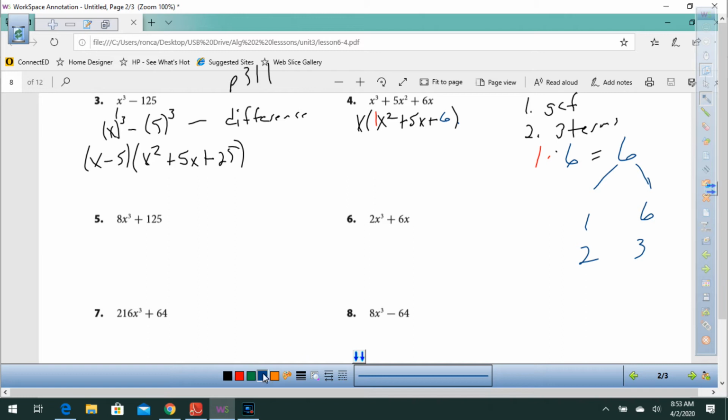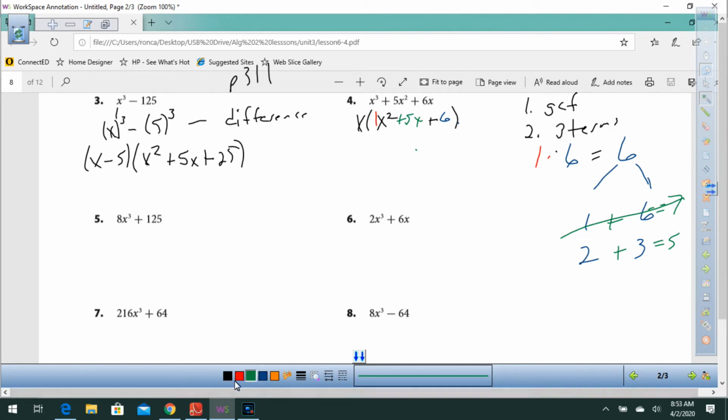Now, this b here in the middle, that 5: 1 plus 6 is 7, does not work. 2 plus 3 is 5, that works.